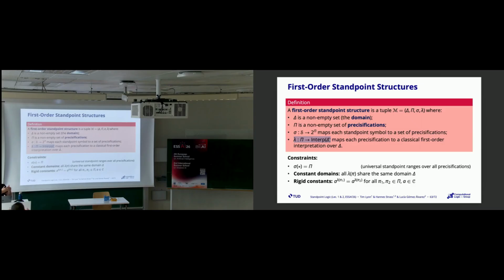So you interpret constant symbols as elements in that domain, and you interpret predicates as relations over that domain. So what this lambda function is doing is it's taking a precisification and it's associating with it one of these interpretations that's interpreting the constant symbols and the predicate symbols. I'll give an example of this on the next slide to try to make it clear. There are certain constraints that are imposed on these models.